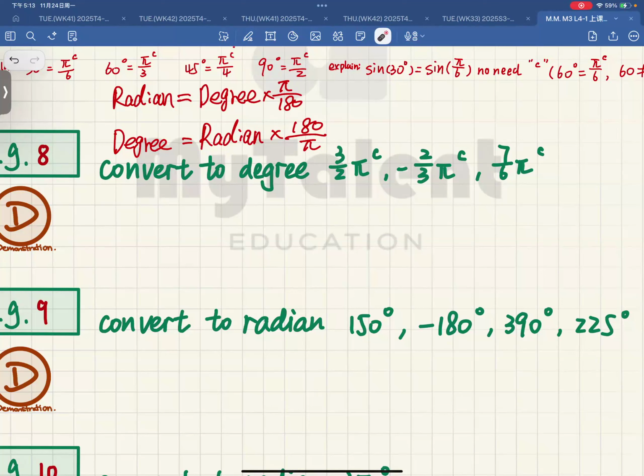I'm trying not to use your calculator. Wait, I don't know. I'm stuck with the fraction. Don't worry. That's why I don't want you to use your calculator. Is it 2 times 2 or is it 2 plus 2?